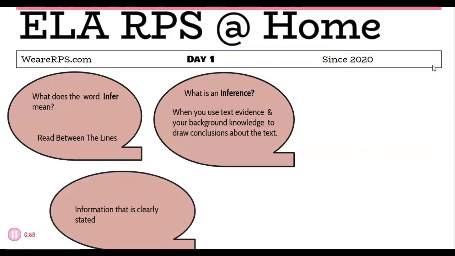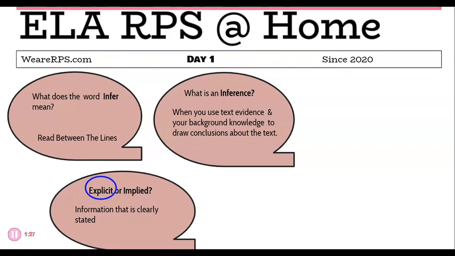Let's look at the next question. All right, so yesterday we talked about two types of information that you're going to see in fiction and nonfiction text. It was explicit and implied information. Based off of this definition, which one does this definition refer to? Information that is clearly stated. Is it explicit or implied information? If you said explicit, then you're absolutely correct.